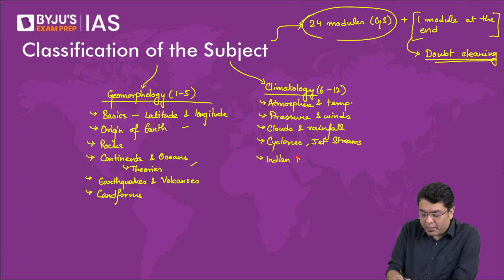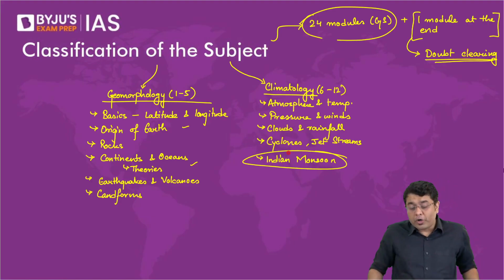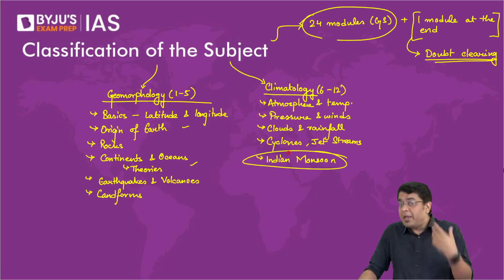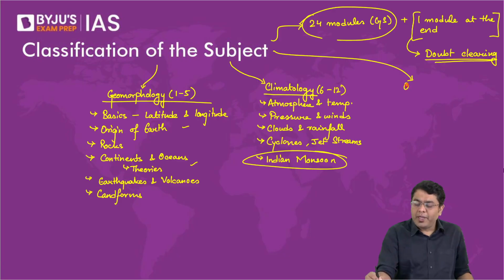That is going to be one of the most important topics in your coverage of geography, because this is where many of the questions are asked from. Then we'll come to oceanography, about the ocean currents, etc.